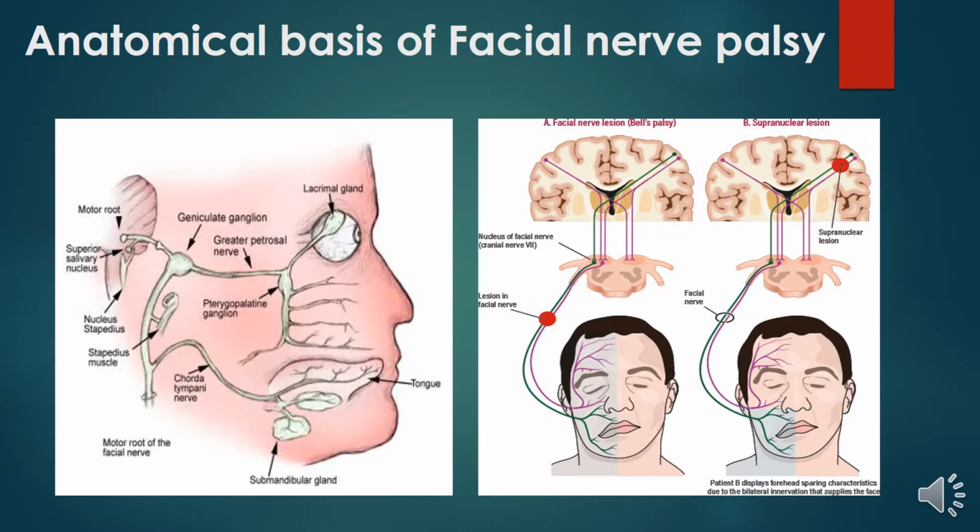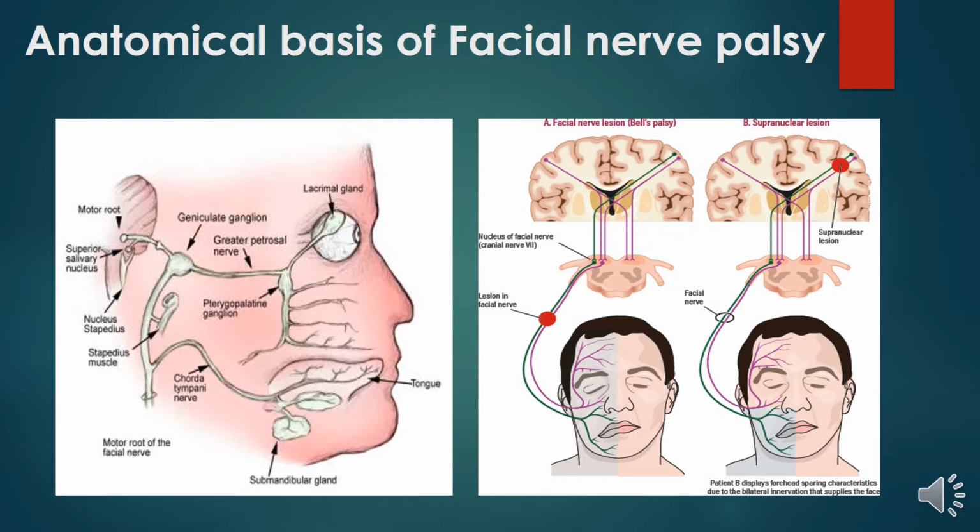Then loss of wrinkles on forehead due to paralysis of fronto-occipitalis. Inability to close eye due to paralysis of orbicularis oculi. Inability to move angle of mouth upwards and laterally due to paralysis of zygomaticus major.